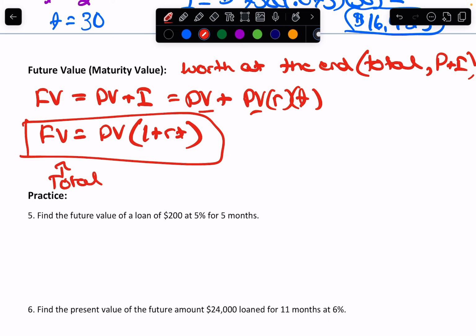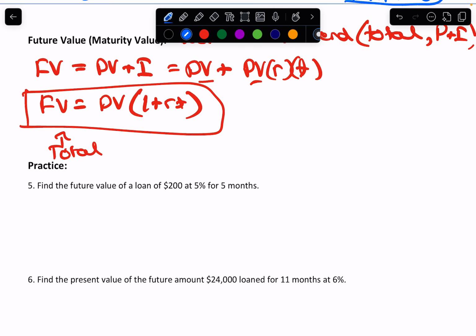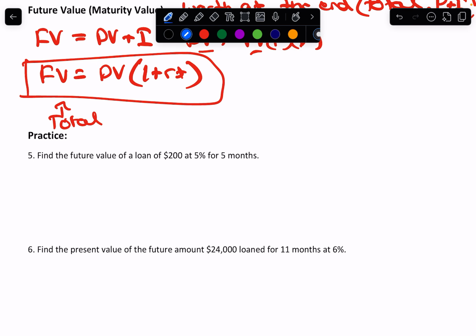Okay, so instead of calculating the interest first and then the total value, we can just go ahead and do the whole thing together.